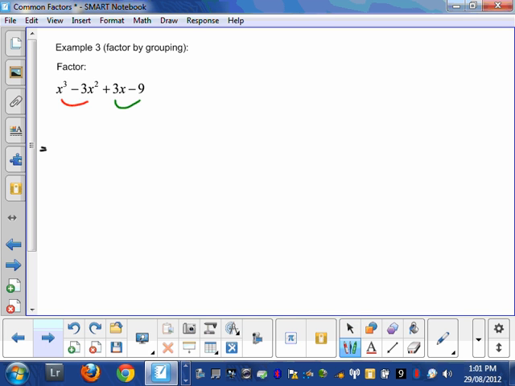Okay, so what am I going to do with the first two terms? Well, the common factor is x squared. And what's left is x minus 3 as a second factor. And from the second group, 3 is a common factor, and x minus 3 will be the second factor from the second group.